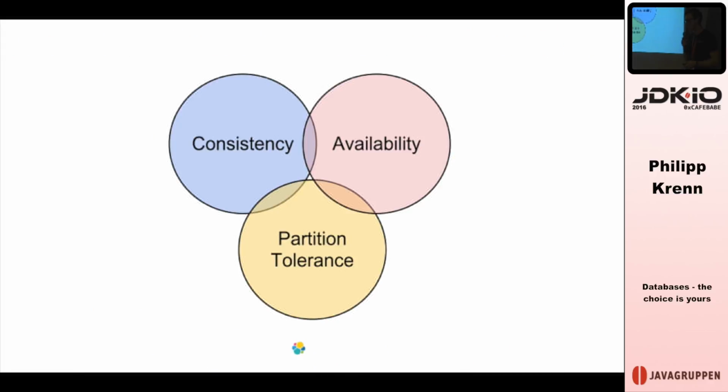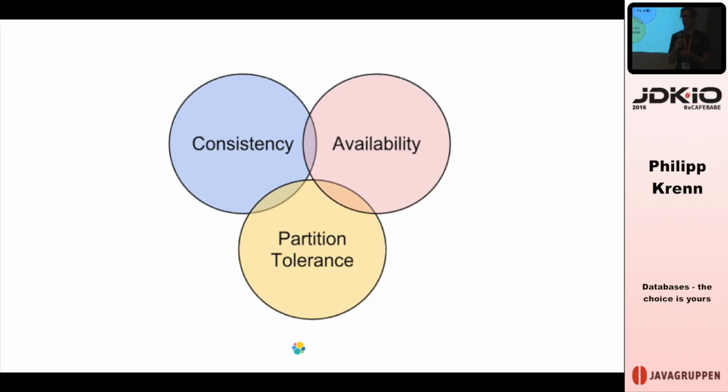Okay, just to quickly jump into that, you have 3 attributes and you want to have all of them. First off, consistency. Consistency is you have multiple nodes and you can query each one of them, and at one point in time you want all your systems to give you the same answer to a specific question. Like a consistent view in time, that all systems agree on what is, I don't know, your current account balance or whatever information.